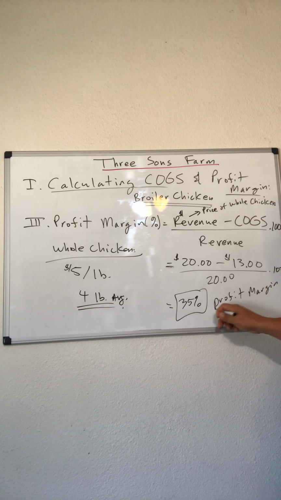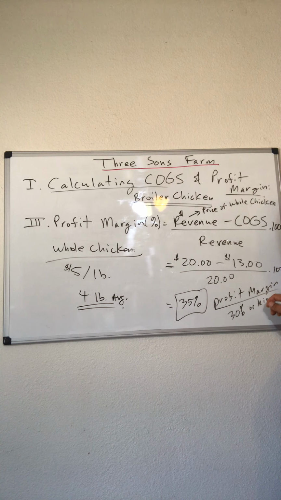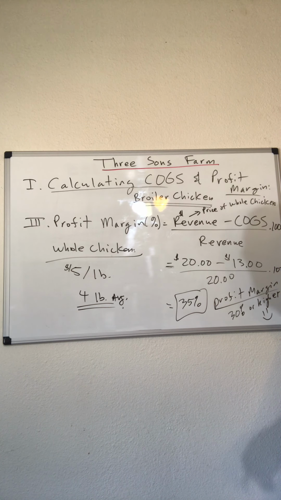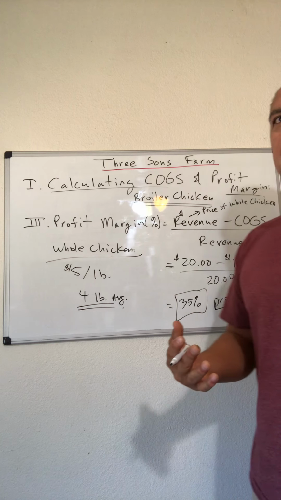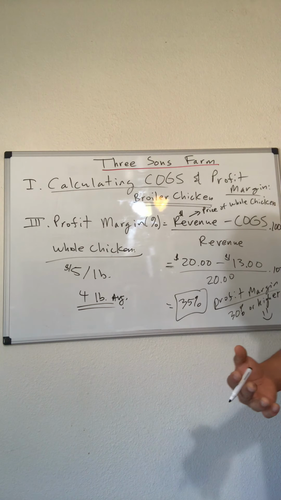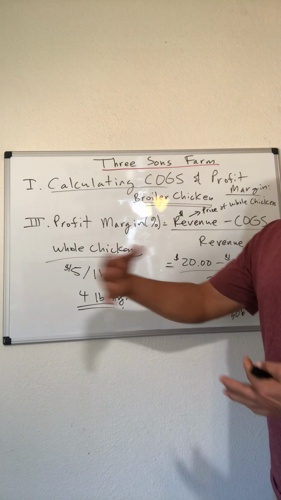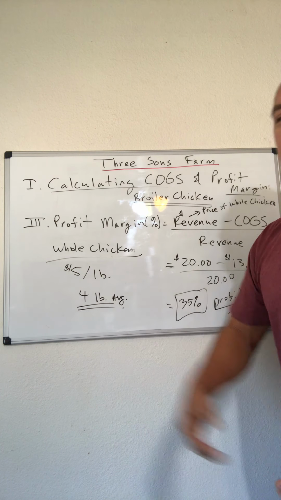Now, for me, anything greater than 30% is good for me. If you get below 30%, then you really need to decide what it is you're trying to do. But there are times where you might take a smaller profit margin, especially if it's in the short term, in order to get more business in the long term.